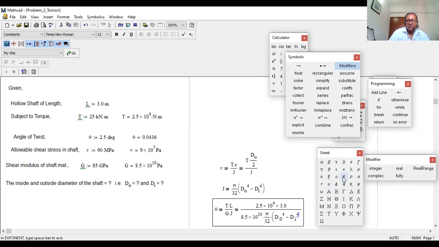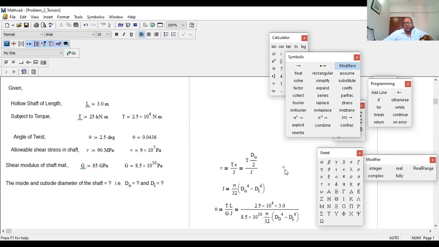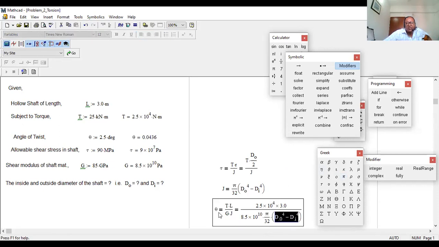Then close. So what you see in this formula, you can figure out this value, because theta is already given, equal to this mass radian. So you get d naught to the power 4 minus di to the power 4.